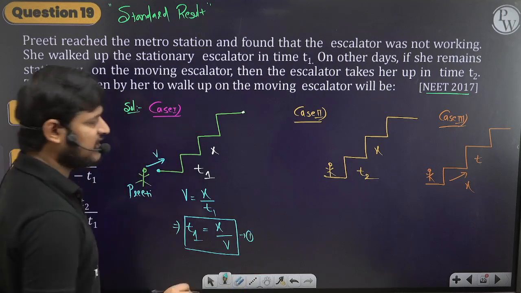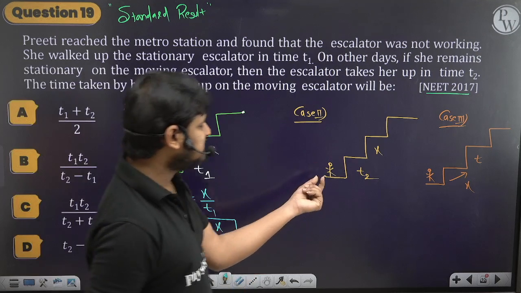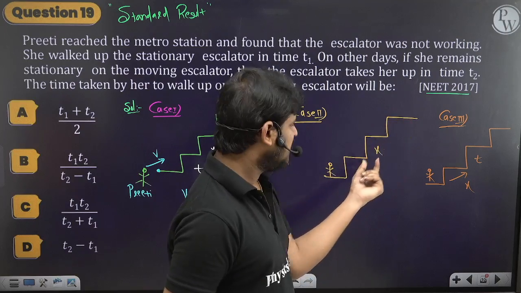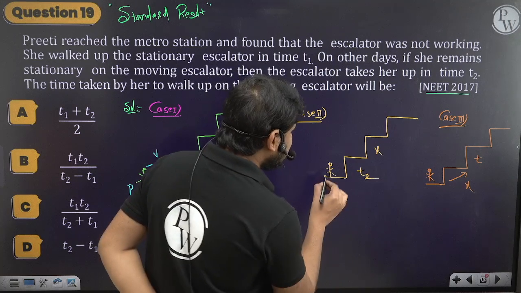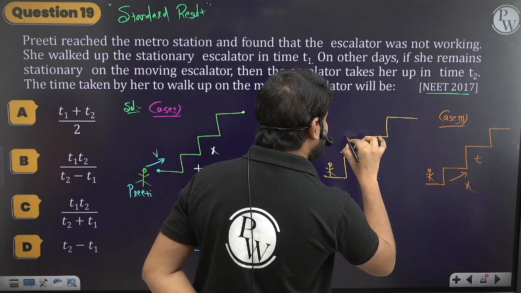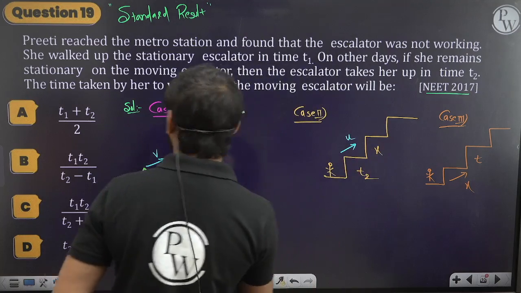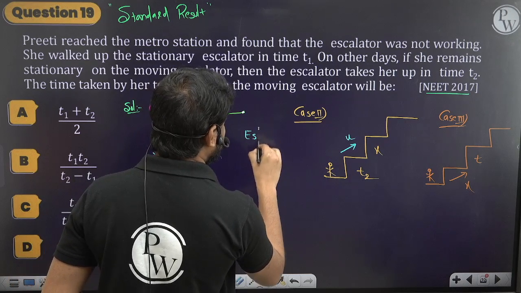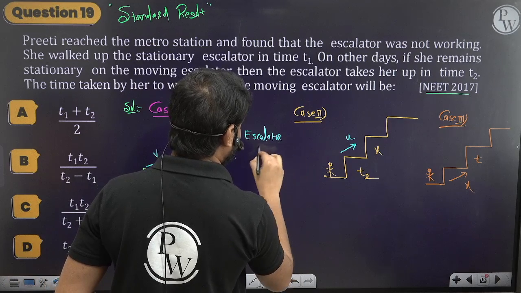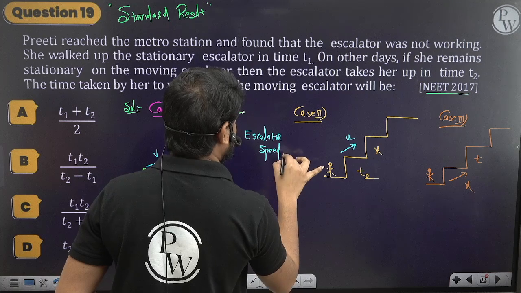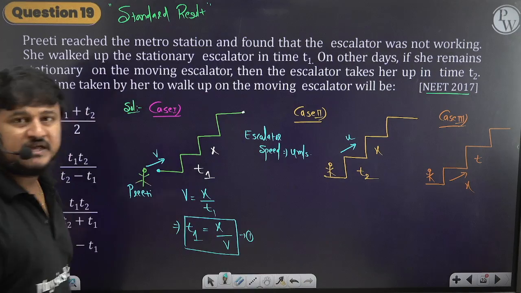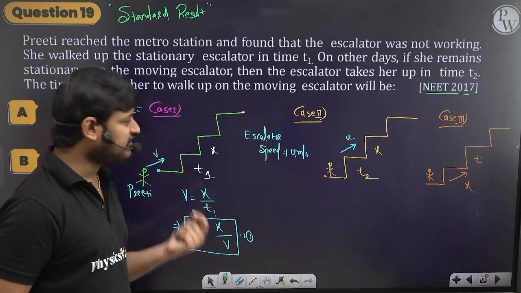Now in case 2, she is moving the same distance x, taking time t2, but Preeti is at rest and the escalator is moving. Let the escalator speed be u meter per second, and let Preeti's walking speed be v meter per second.